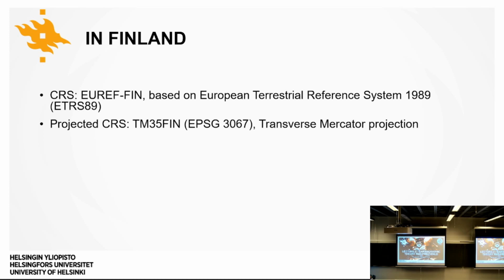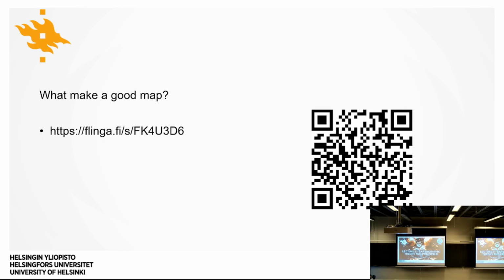So it's a transverse cylinder applied to the Earth. So it's more suitable for Finland, which is closer to the pole, compared to the regular Mercator. So this is what we often use in Finland, and this is the recommendation. But of course, you can have data sets coming in different projection systems. What matters is that you know what you're making the map for and make a wise choice.